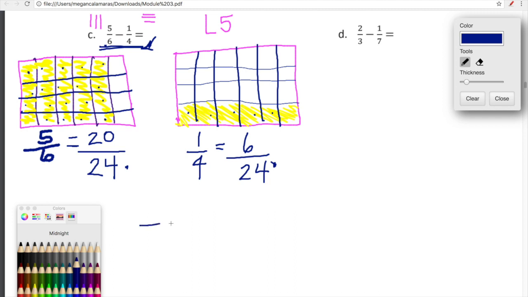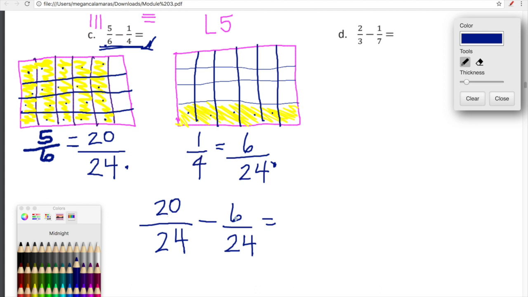So let's go ahead and rewrite the expression. We have 20 24ths. Again, 20 24ths are equal to 5/6 as we've shown in our modeling above, minus 6 24ths. 6 24ths again are equal to 1/4.